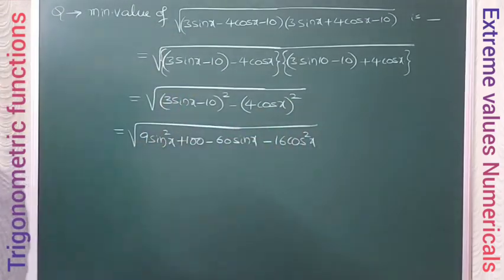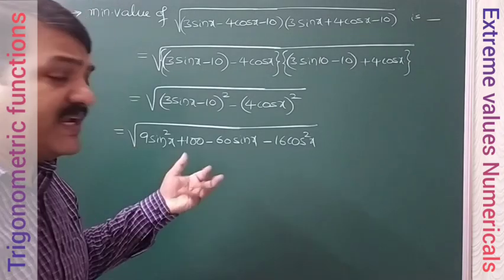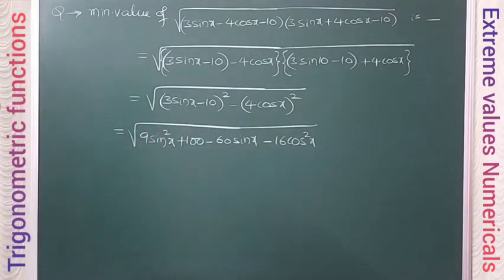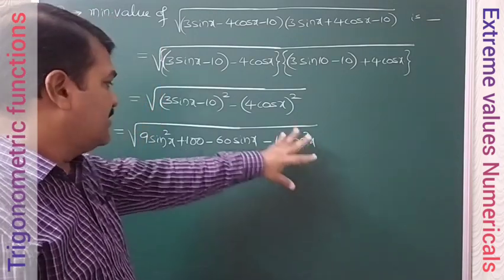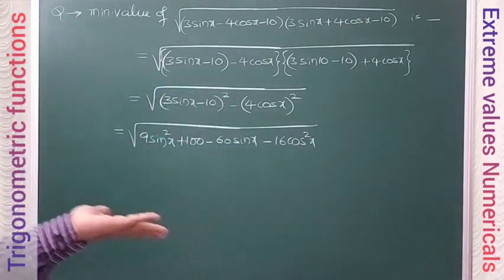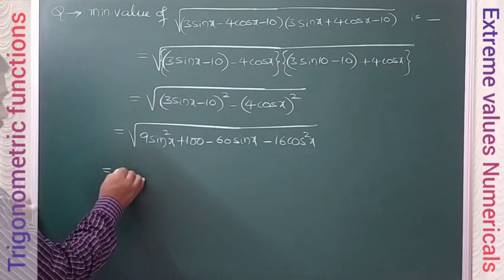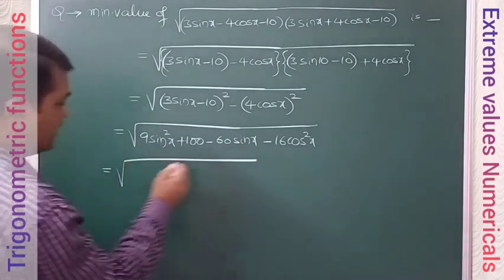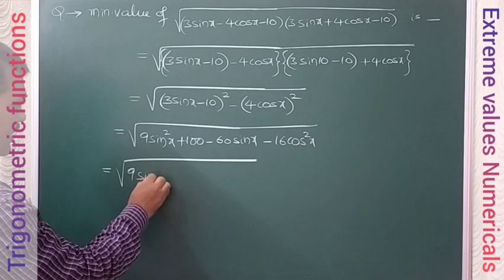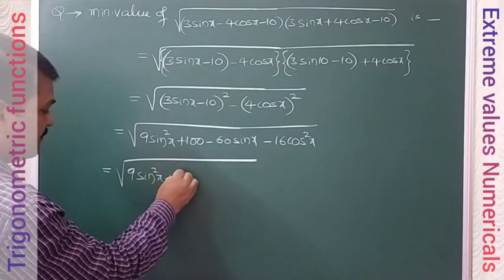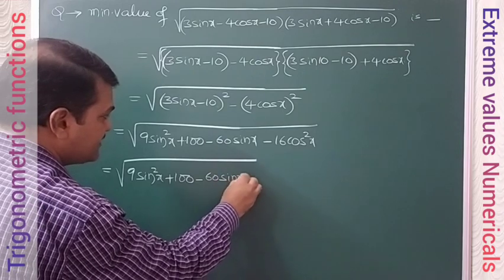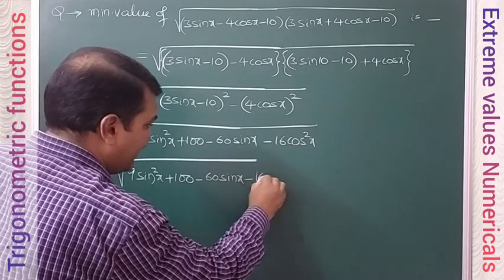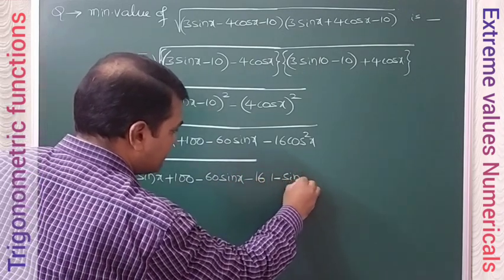Now I will try to convert the complete expression into sine function. So if I write cos square x as 1 minus sine square x, the complete function will be in terms of sine x automatically. So therefore we can write this as under root 9 sine square x plus 100 minus 60 sine x minus 16 into 1 minus sine square x.